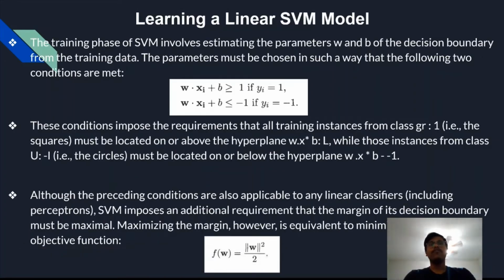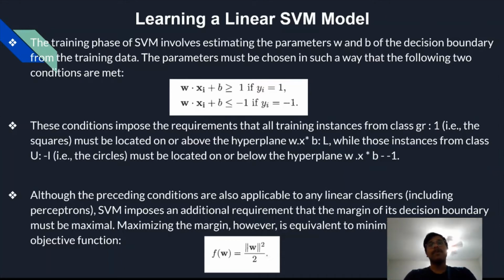Hello everyone. Today we are going to discuss learning a linear SVM model. The linear SVM model consists of two parameters for the decision boundary, those are w and b. The training phase of the SVM involves estimating these parameters w and b. These parameters must be chosen in such a way that two conditions are met.